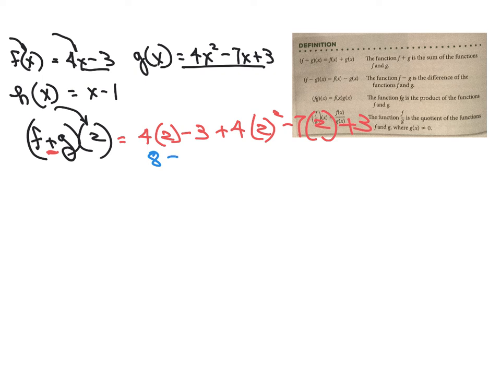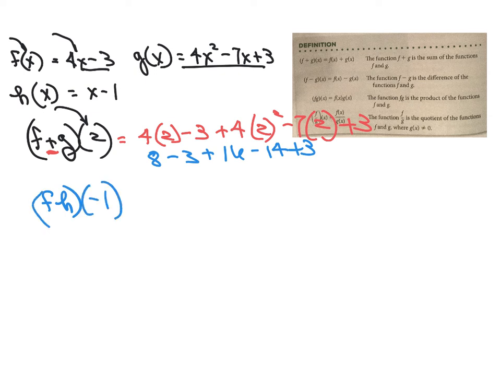So we have 8 minus 3 plus 2 times 2 is 4, 16 minus 14 plus 3. And you keep cruising along with that and end up with the answer that we were looking for. The next one says fh of negative 1. So what does that mean?